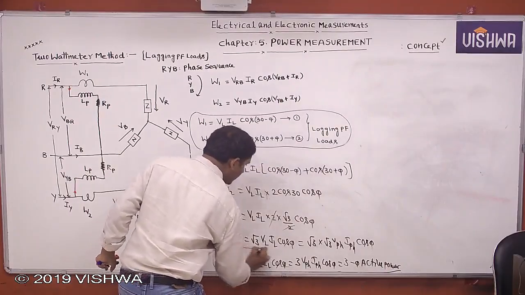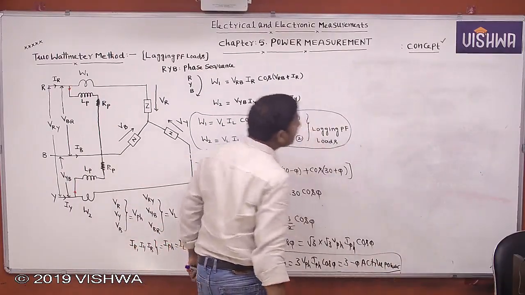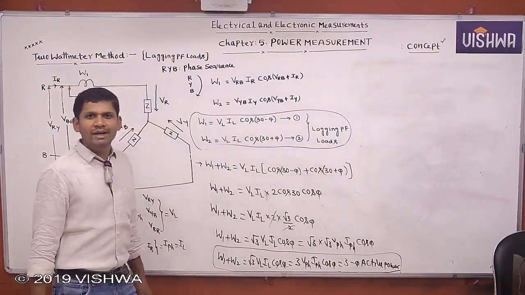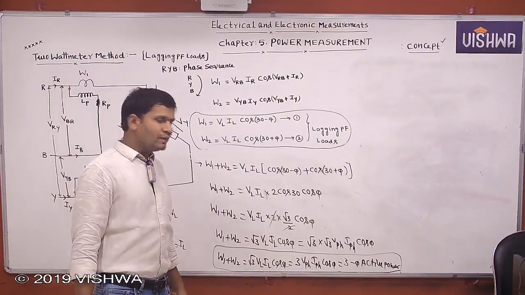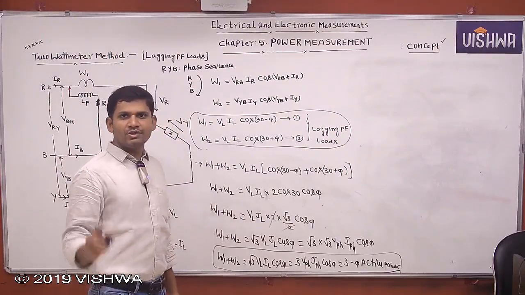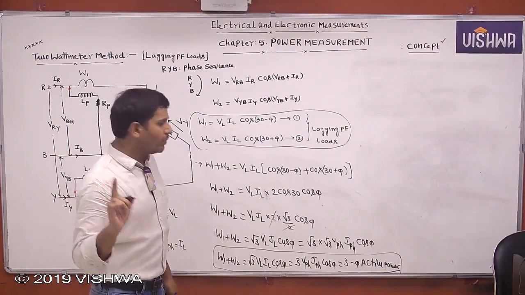That's why in the two wattmeter method of power measurement, the sum of the two wattmeter readings indicates three phase active power. This is one important statement you remember.